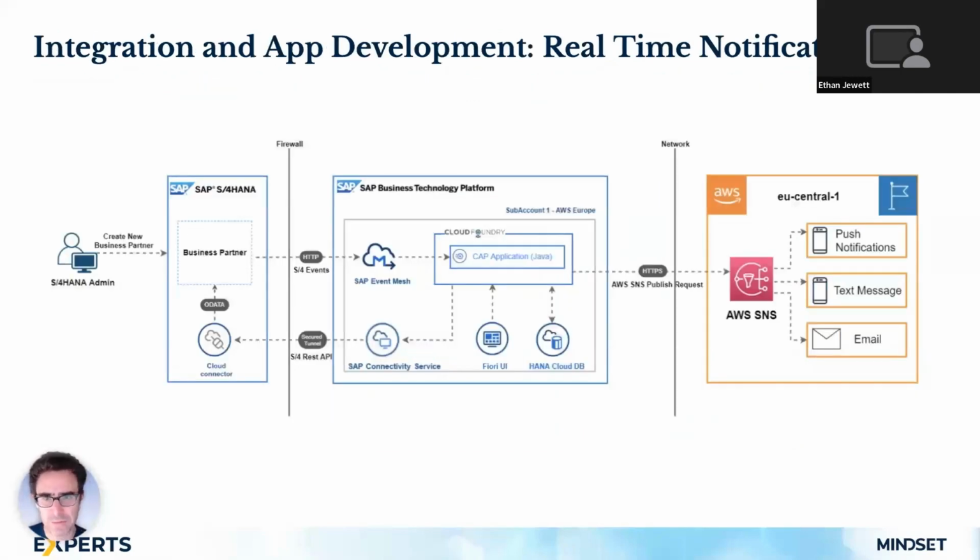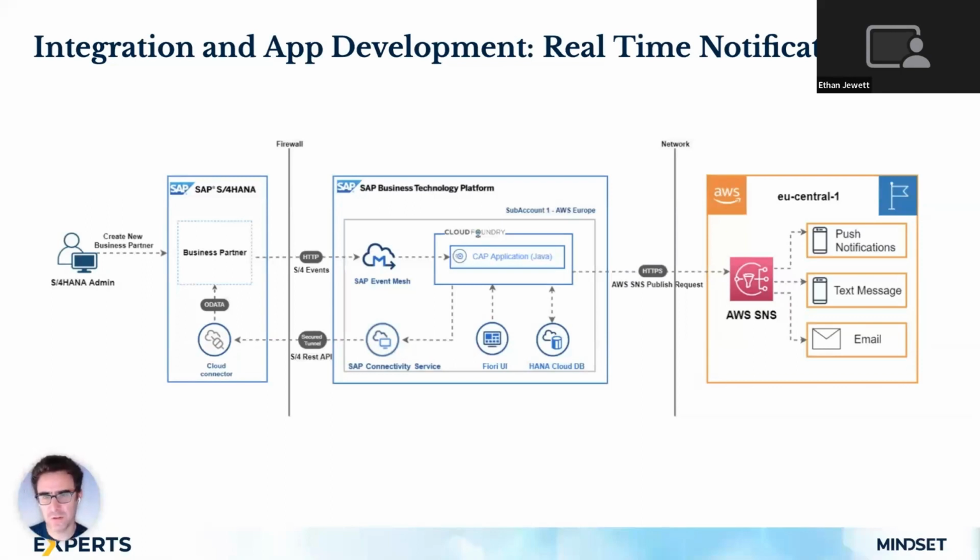An integration app development architecture that is a nice reference architecture is this one around real-time notification. So again, this one's focused on AWS. Looking at how do we notify people on their mobile device or via email when something happens in the system, when an event happens in the system, right?